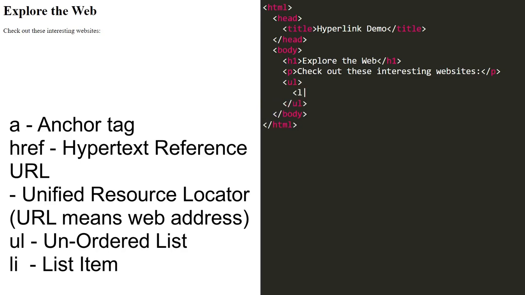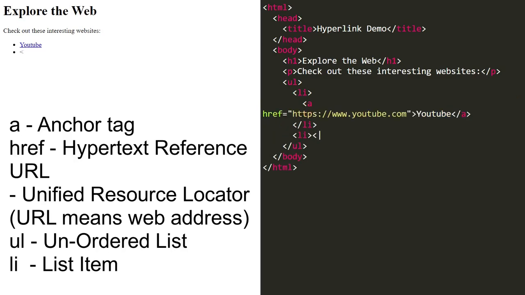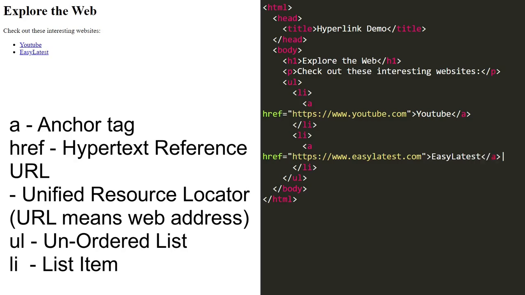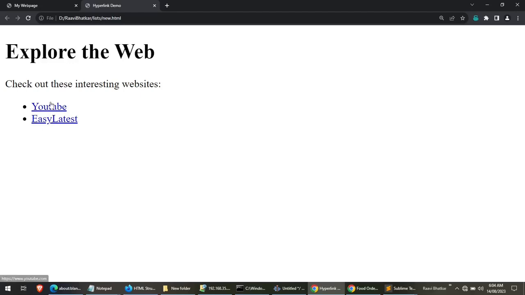The A tag is used to define links, and the href attribute specifies the URL. Now viewers can click on these links to visit the websites.